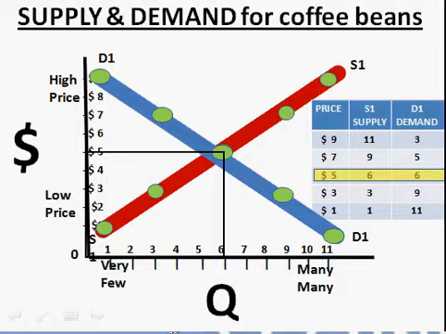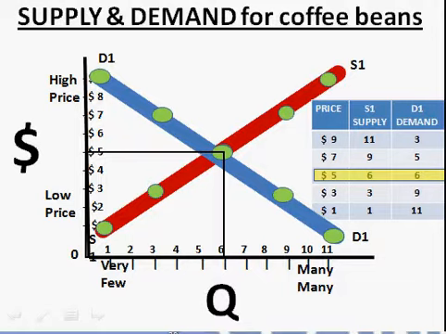Okay. And we see here that at $5 a pound, suppliers will wish to supply 6 million pounds of coffee, and the consumers will wish to demand 6 million pounds of coffee, okay, so that the market will be cleared.